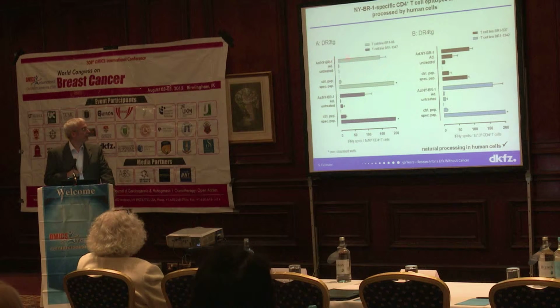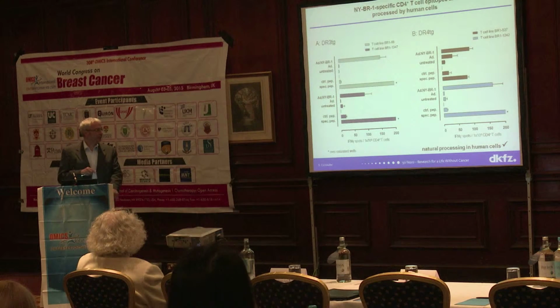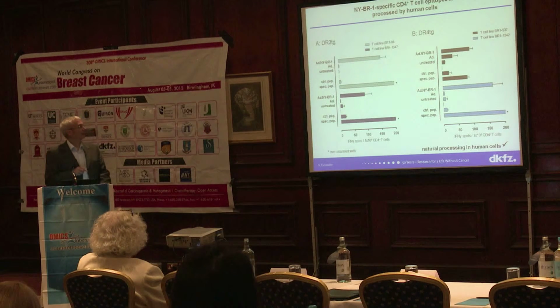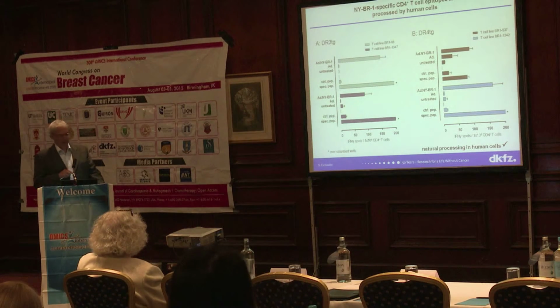This is the adenovirus transfected cell, and this is the empty vector, and this is a control peptide, which is of course always working. And you can see in all cases, the adenovirus NURBR1 transfected cells as a lysate were recognized by the T cells. So this shows us that there is natural processing in human cells, either in the melanoma cell or in the dendritic cell. We don't mind, at least one of the human cells had to process these antigens and present it.